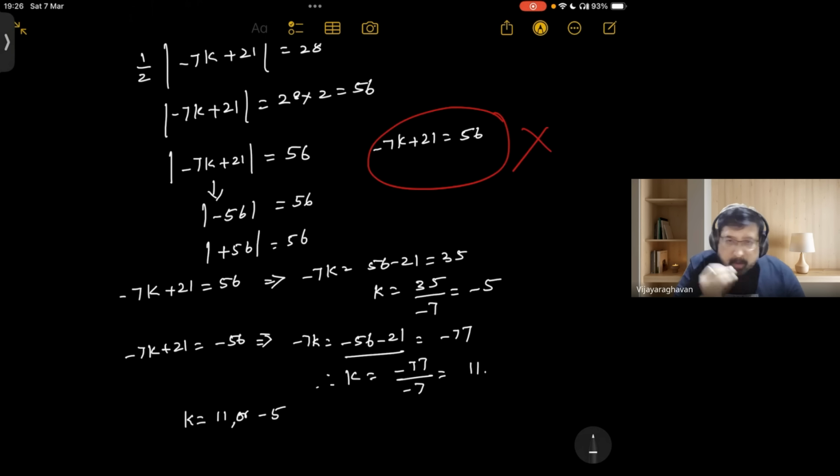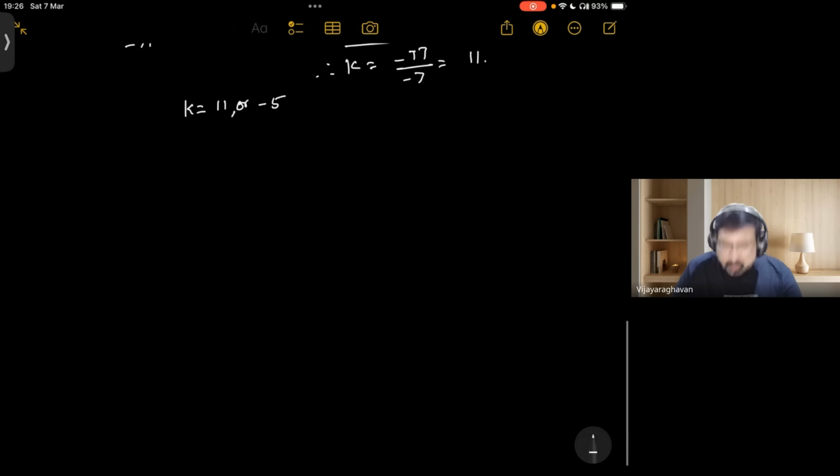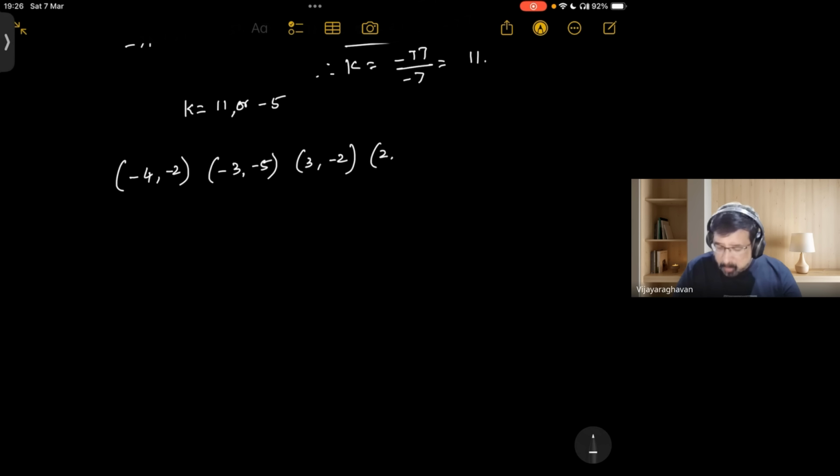Then how to choose 11 or minus 5? See, if 11 gives some other value and minus 5 gives some other value, then we can understand or accept this. But it is absolutely the same. Just see, for example, I am just giving that hint only. Minus 4, minus 2, minus 3, minus 5, then 3, minus 2, 2, 3.